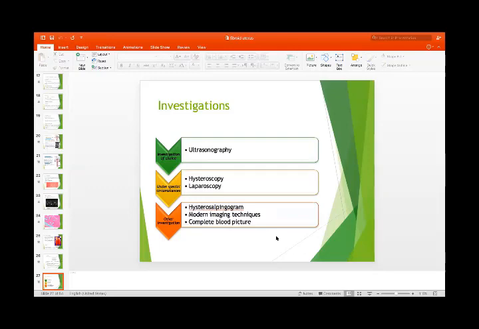Investigations include hysteroscopy or laparoscopy. Other investigations include hysterosalpingography, modern imaging techniques, and CBC, complete blood count.